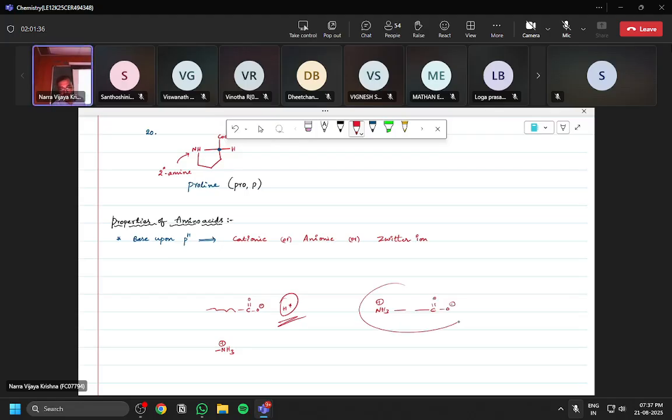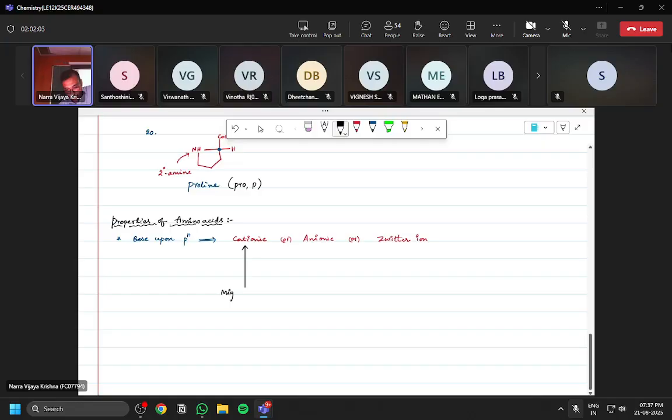If both exist, zwitterion. If only this exists, anionic. If only this exists, cationic. Is it clear? So based upon pH, an amino acid exists in three forms: cationic, anionic, zwitterion.